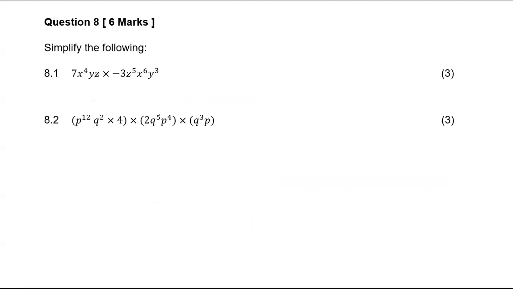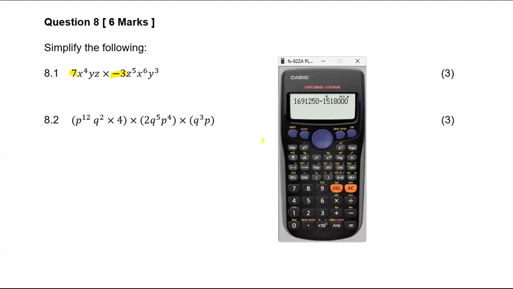Now, in the next question, which is question 8, they want us to simplify the following. We're given exponents. I hope you watched a previous video on exponents. I'm going to start by multiplying 7 with minus 3. How much will that give me? 7 times negative 3 gives me negative 21.